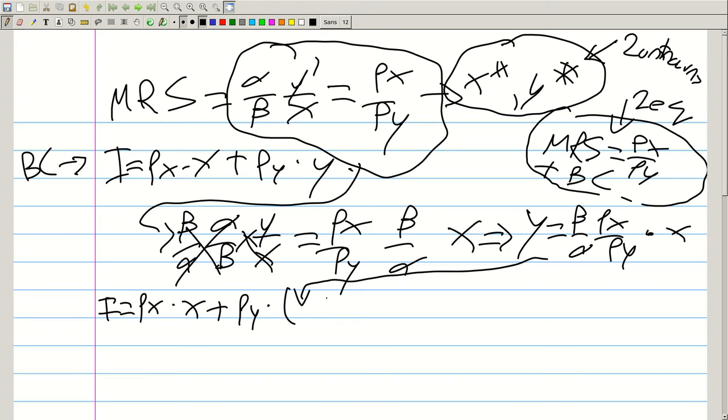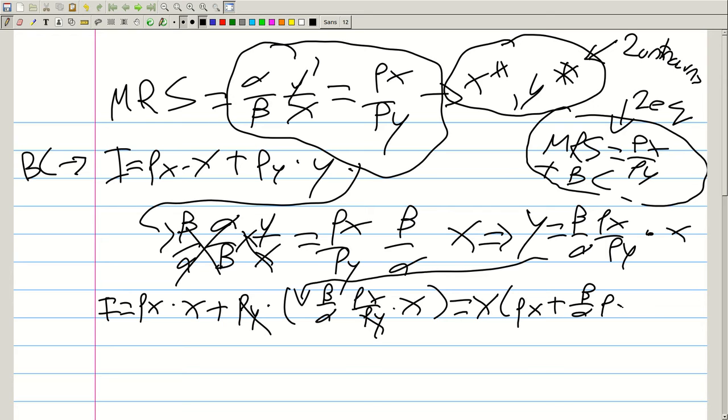And so what will that give me? It'll give me beta over alpha times px over py times x. Okay. Now just to simplify things down a little bit, I'm going to pull x out of both parts of this expression, and so what I'll get is x times px plus, and notice that if you bring this py inside this expression, these py's cancel, and so what you'll be left with is beta px plus px beta over alpha times px.